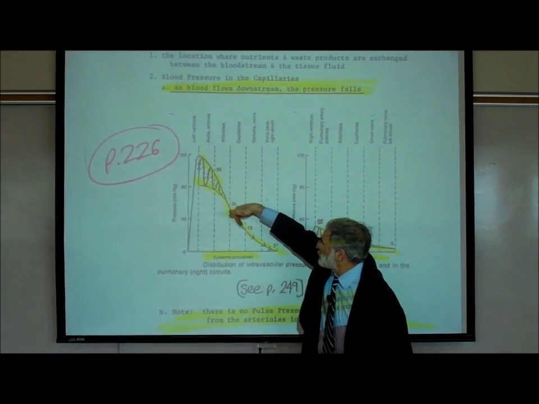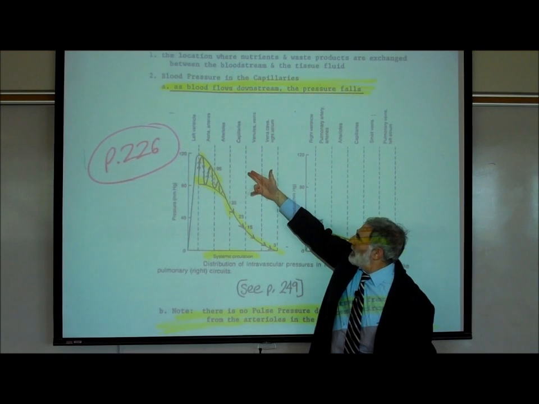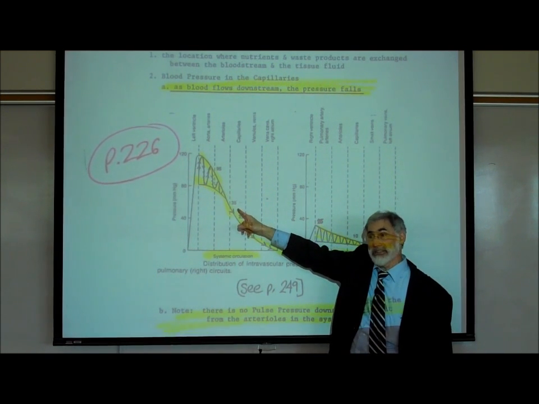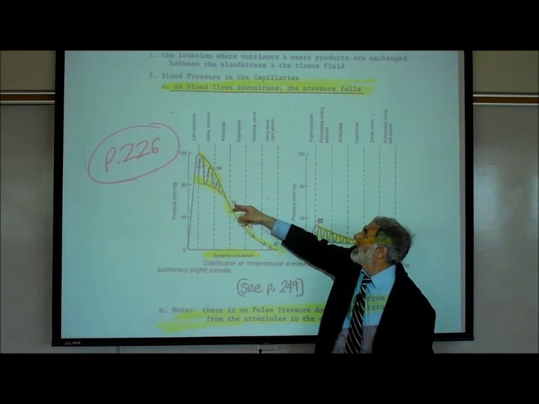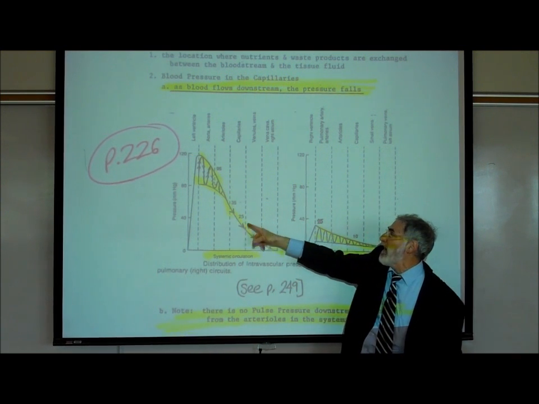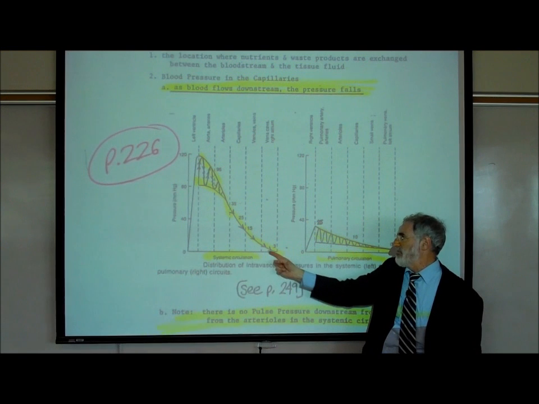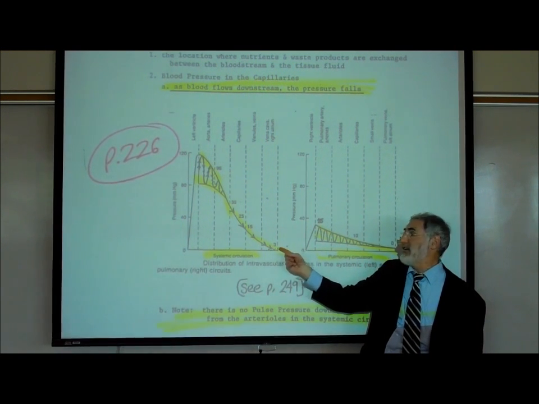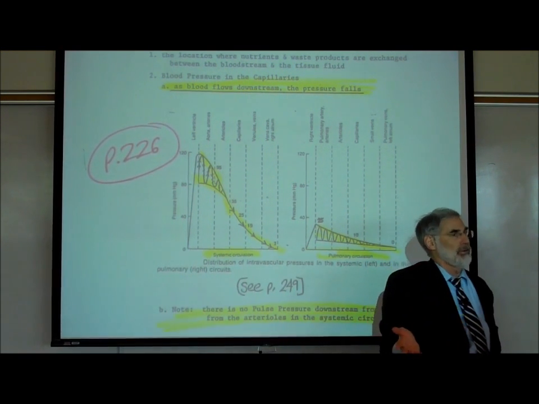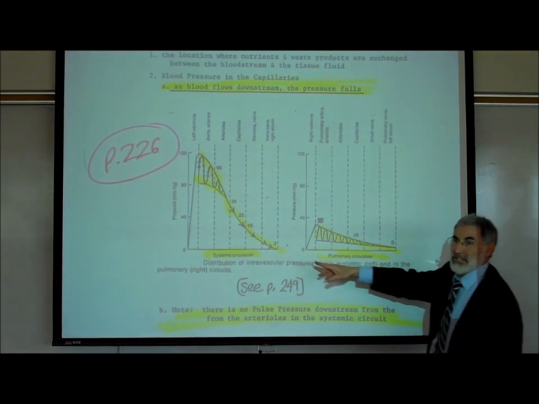Furthermore, the pressure is dropping. In the capillaries, it's about, we've learned about 30, the arterioles is about 35, and the capillaries about 26, and the veins 15. And by the time we get down to the vena cava and right atrium, it's down to almost 0, it's about 5. So it progressively drops.